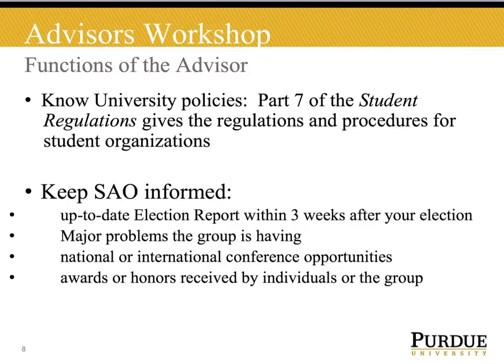It encompasses everything from insurance to scheduling things during final exams to holding events. It's just a really good resource to make sure that we know. And so that is definitely under Part 7 of the student regulations.